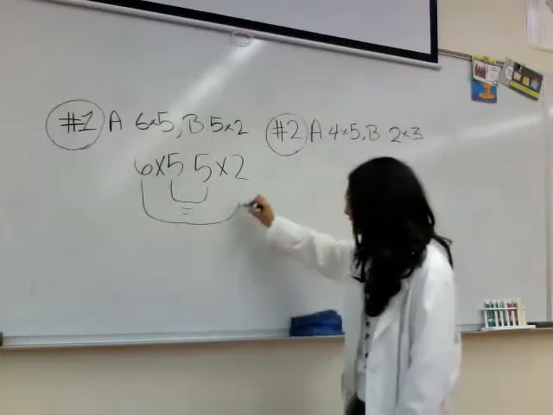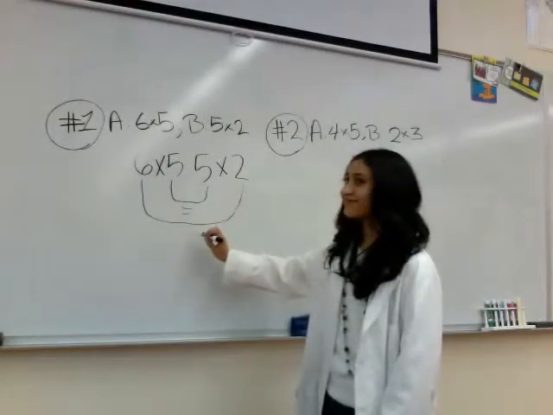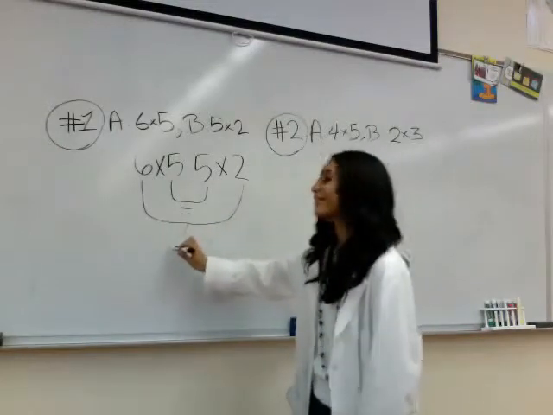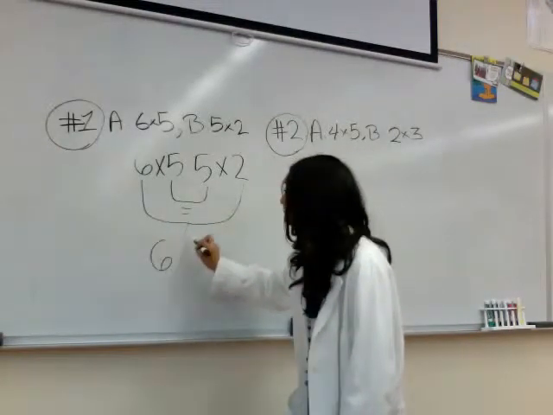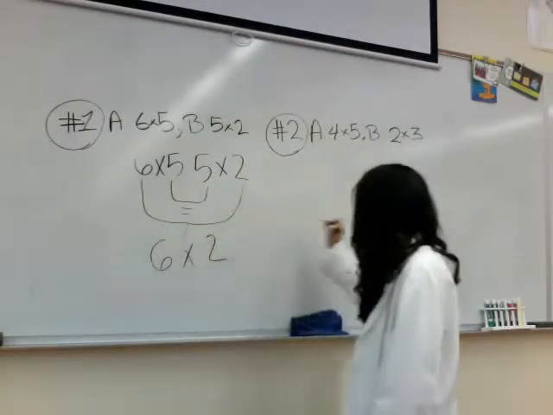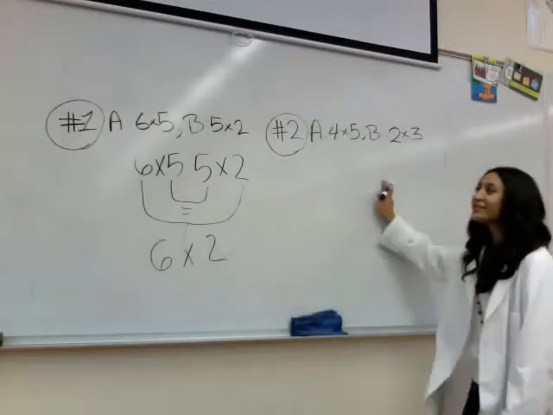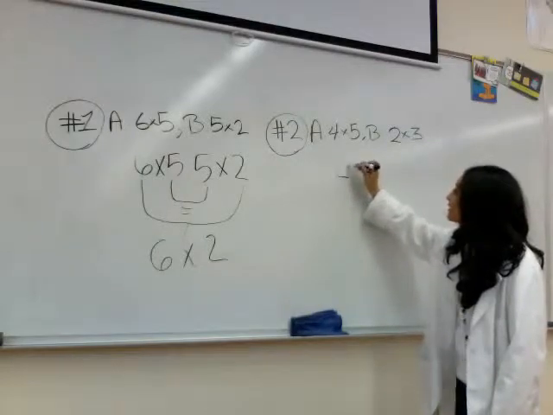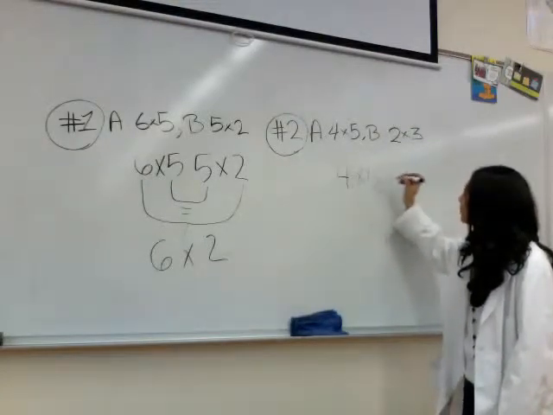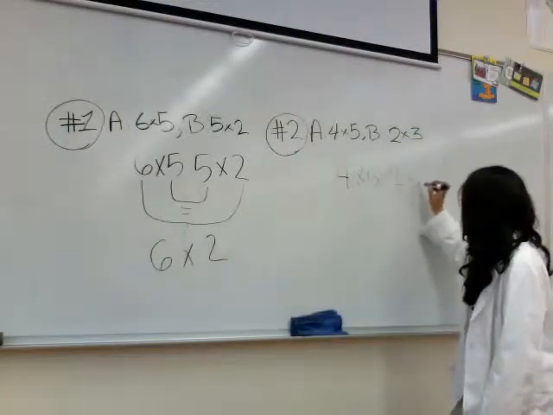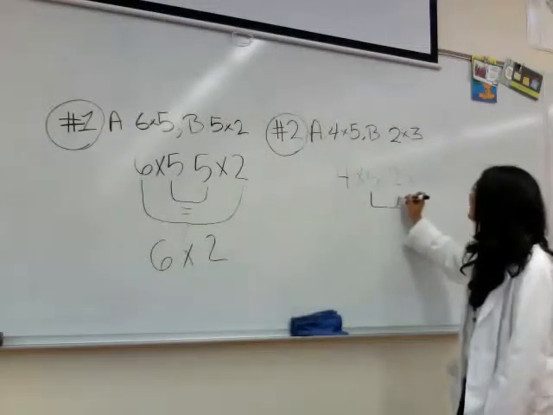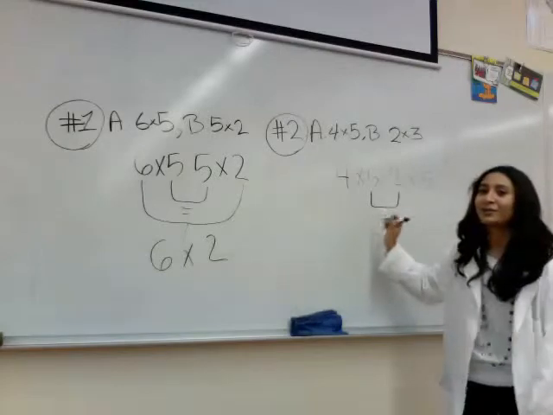And these outer numbers are the dimensions of your solution. For the second problem, A is 4 by 5, and B is 2 by 3. And the inside is not equal, which means you can't multiply it.